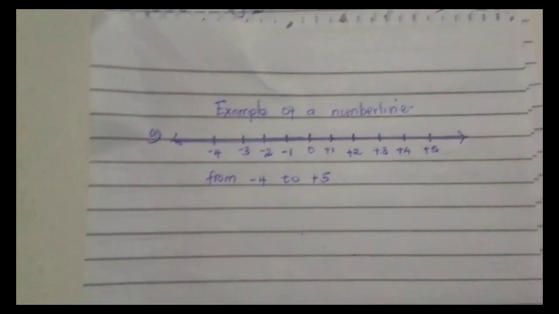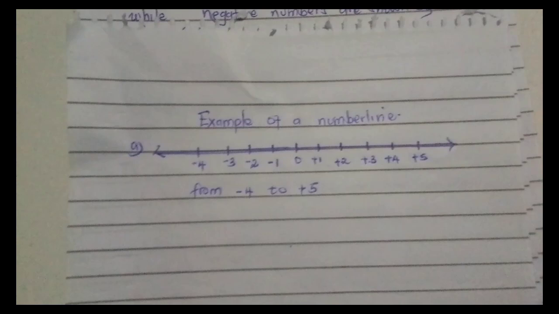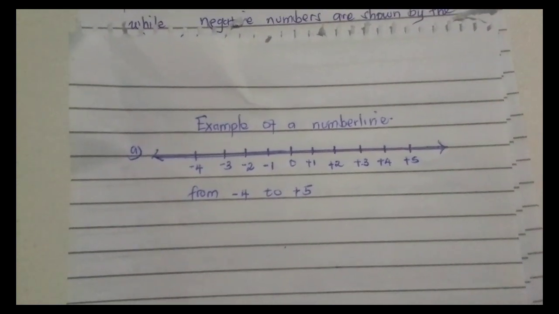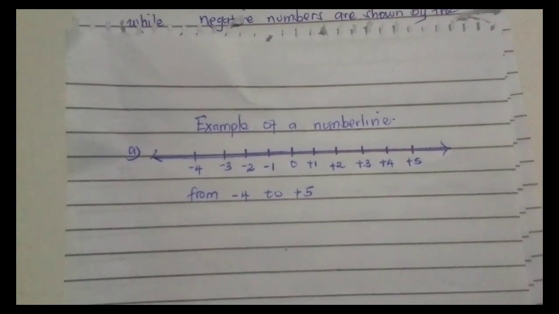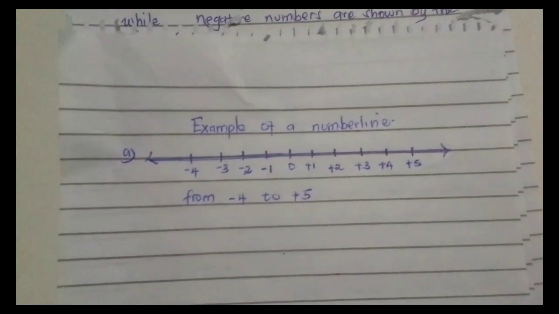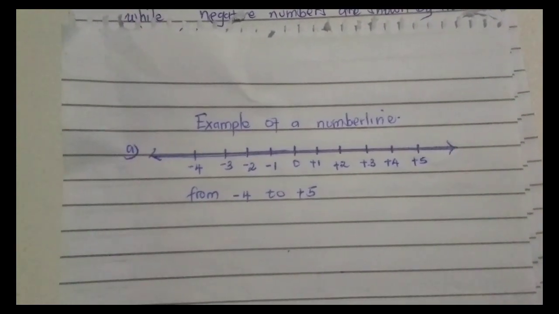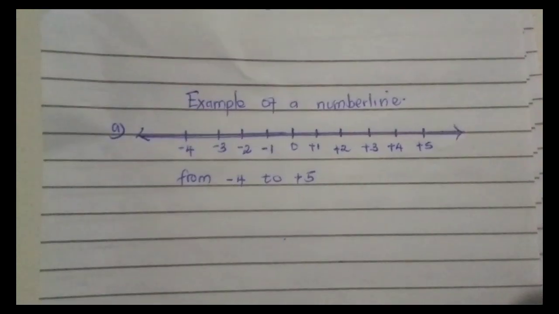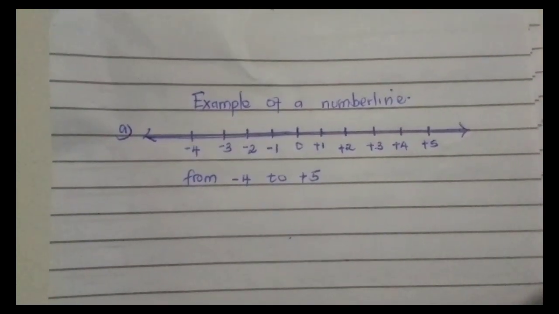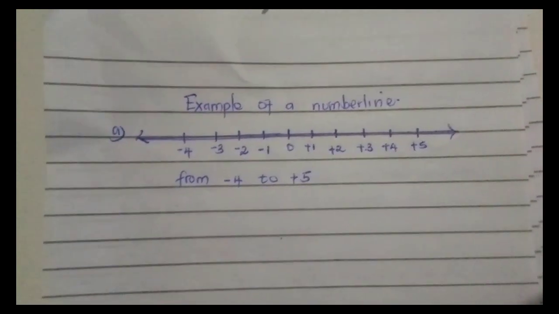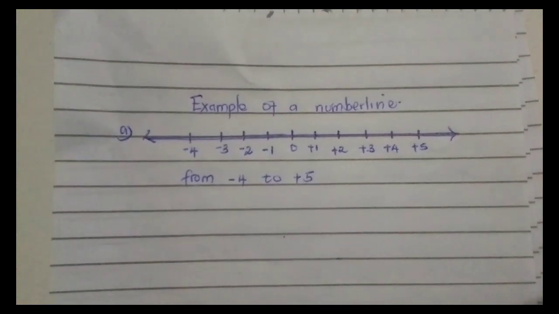I hope you understand. In my number line, I've tried as much as possible to estimate the spacing, to make them as real as possible, because I don't have a square piece of paper. So bear with me for now. And then I've shown the arrows.